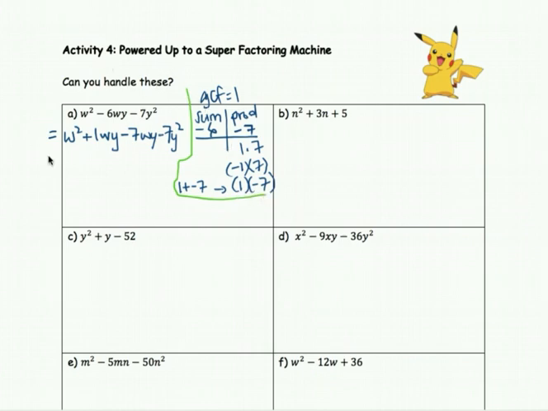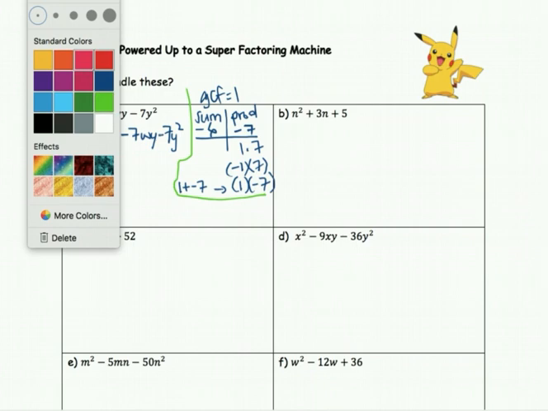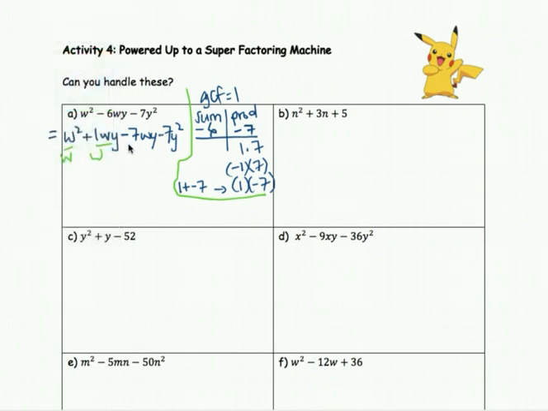From there, we would always use decomposition next. I would take the first 2 terms and look for a common factor. I'm saying a w works. And then the next term, I'm seeing a negative, so I want to get a negative. They both have 7 and they both have a y. So you're still doing the same thing.